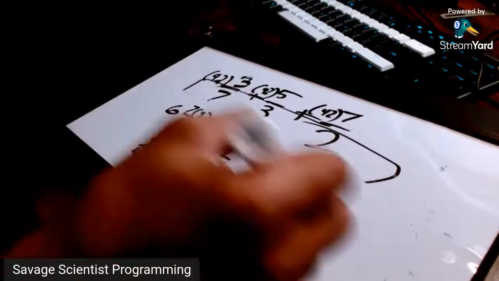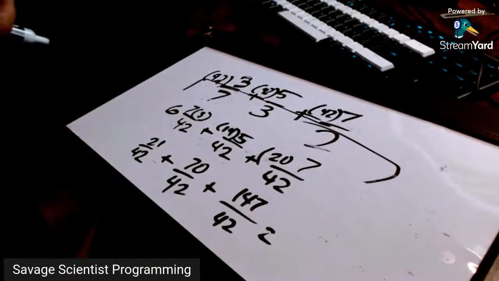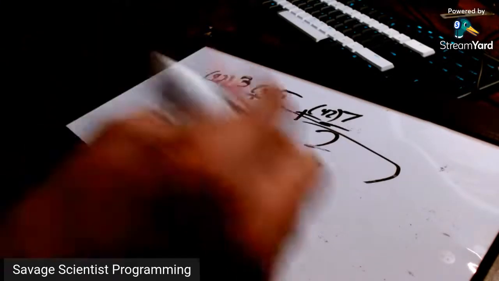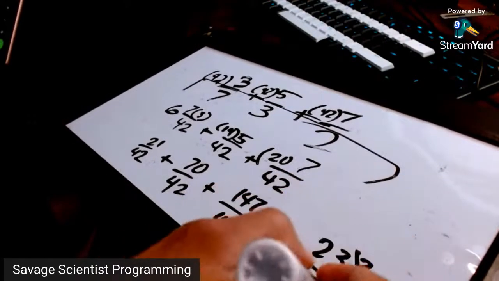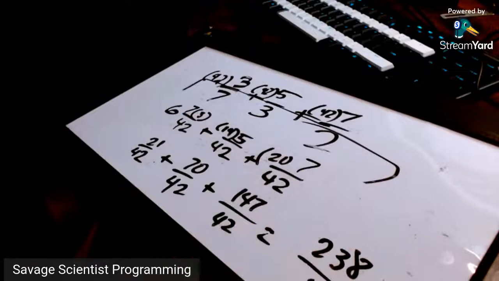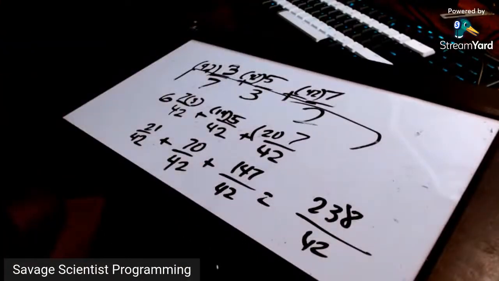And you're going to add all this up, and that's going to give us the answer. 21 plus 70 plus 147 is 238 over 42. That's the answer.